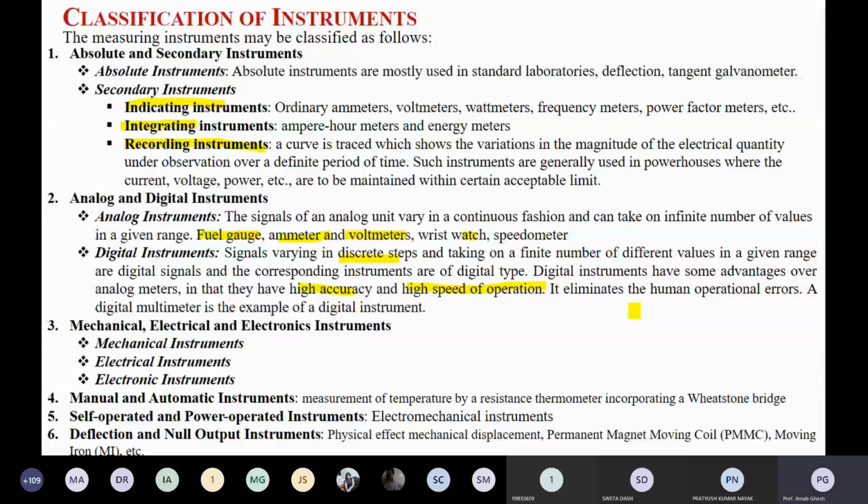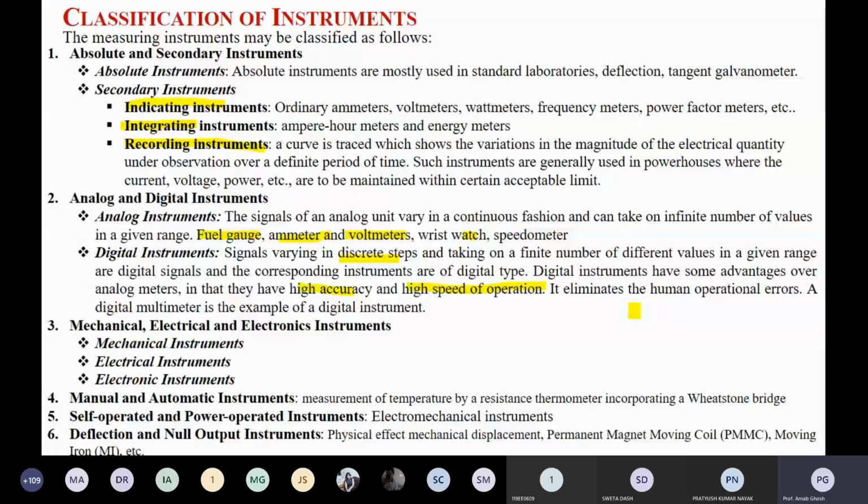If a minimal variation is observed there, it will not be captured. You know about frequency: how much frequency is observable by your eyes is also important.